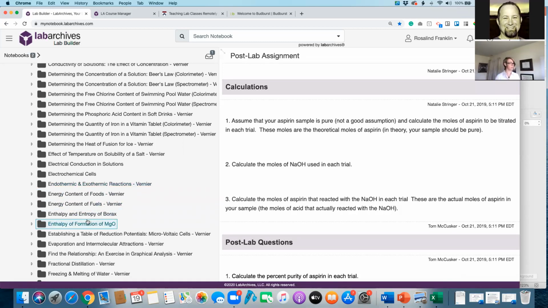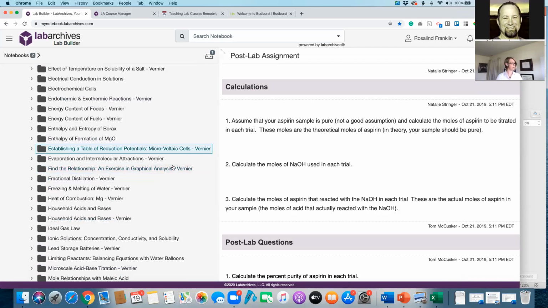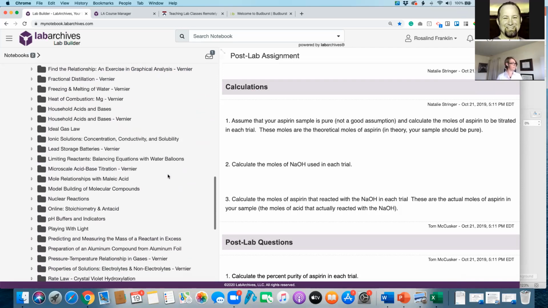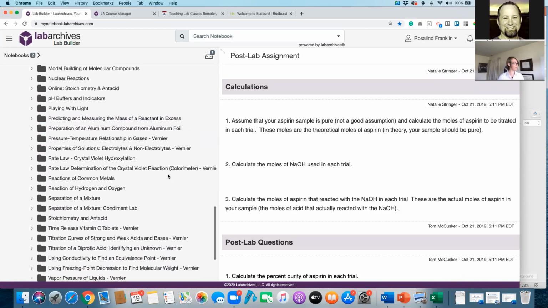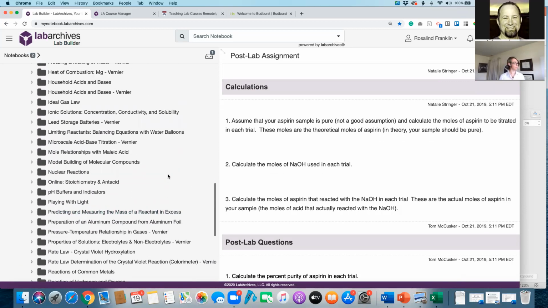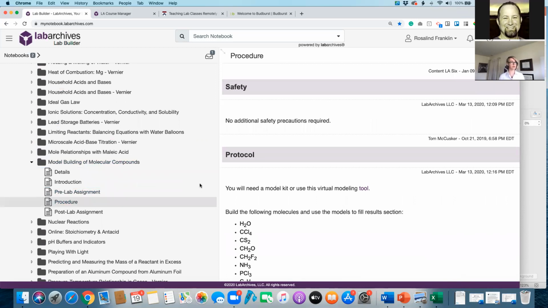So a good example might be, where was the modeling one? Here's a good one. This is something that could be done at home.